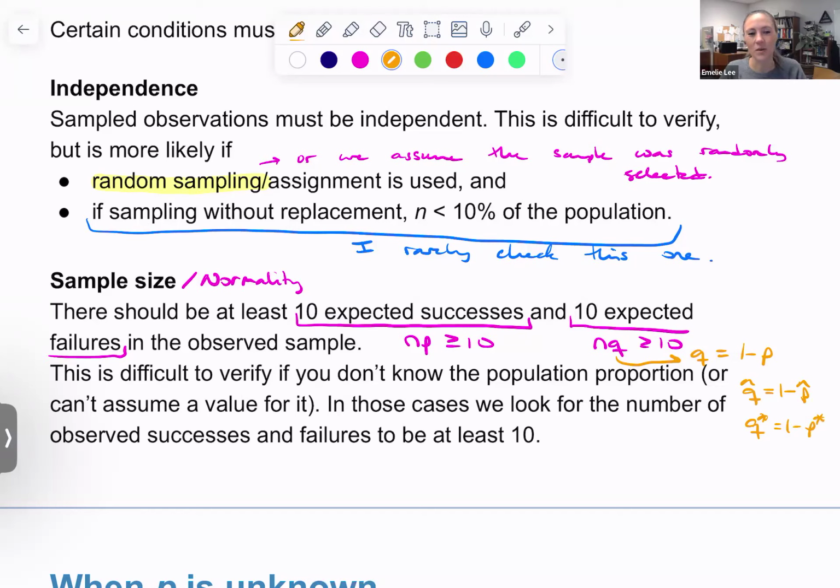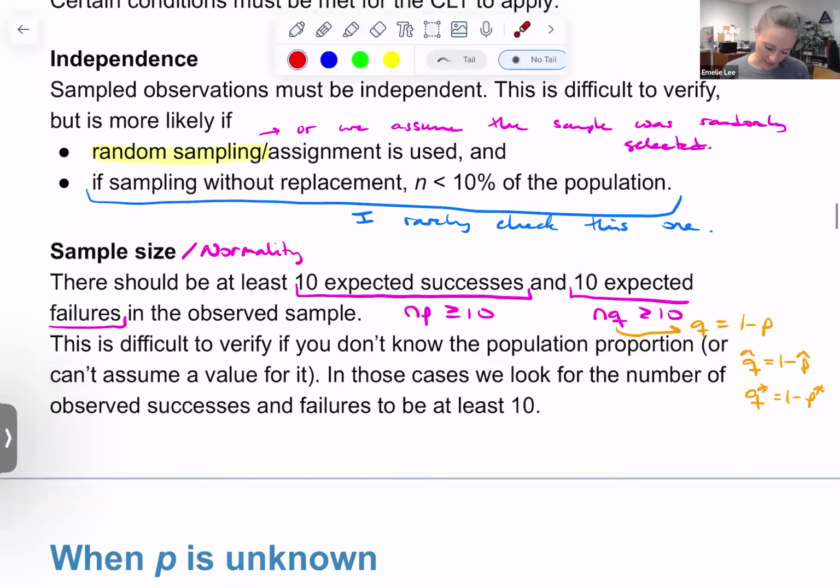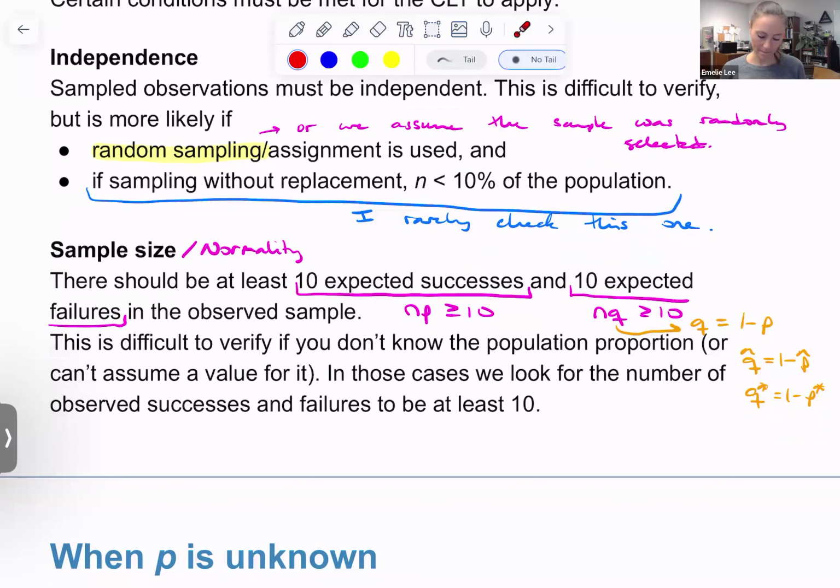It's always just 1 minus the p, or its corresponding p. And so I use q, but you're more than welcome to write 1 minus p if you want. N times 1 minus p is the expected number of failures.